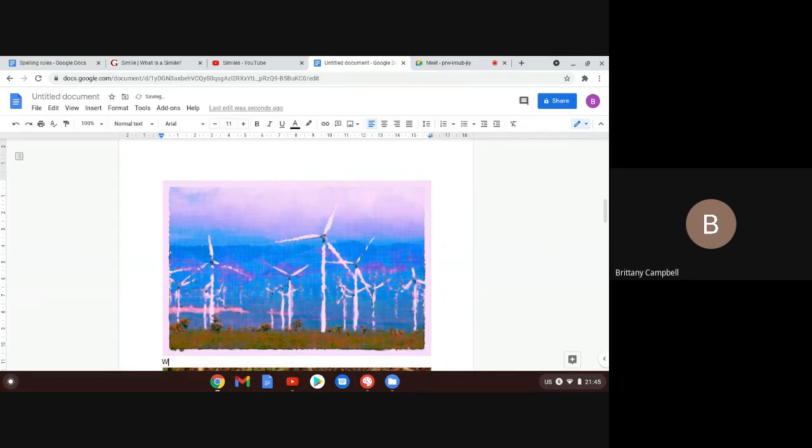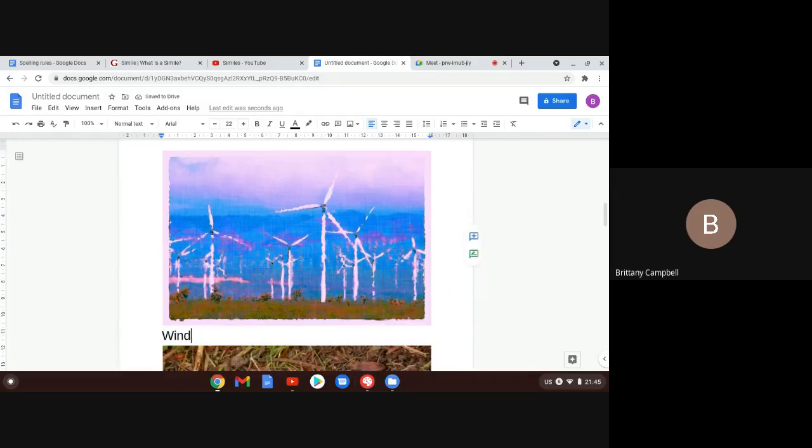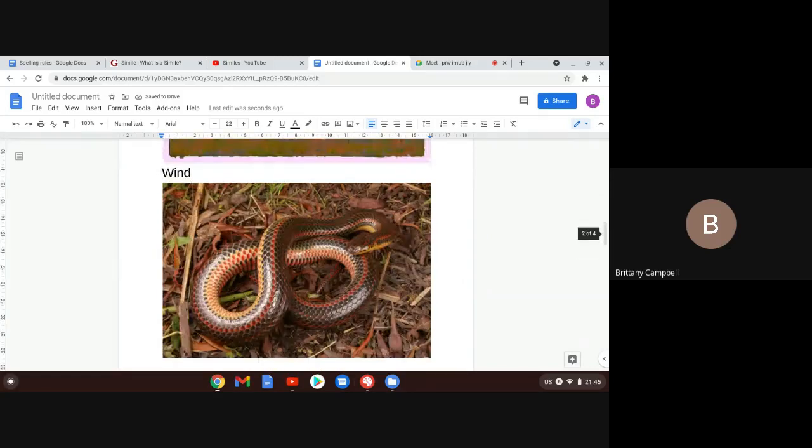Wind, representing wind, right? The windmill. Awesome, wind. Are you able to see what I'm projecting, what I'm writing there? I trust that you are also writing the correct names beneath, right? So let me just allow this to be bigger as well. Wind.